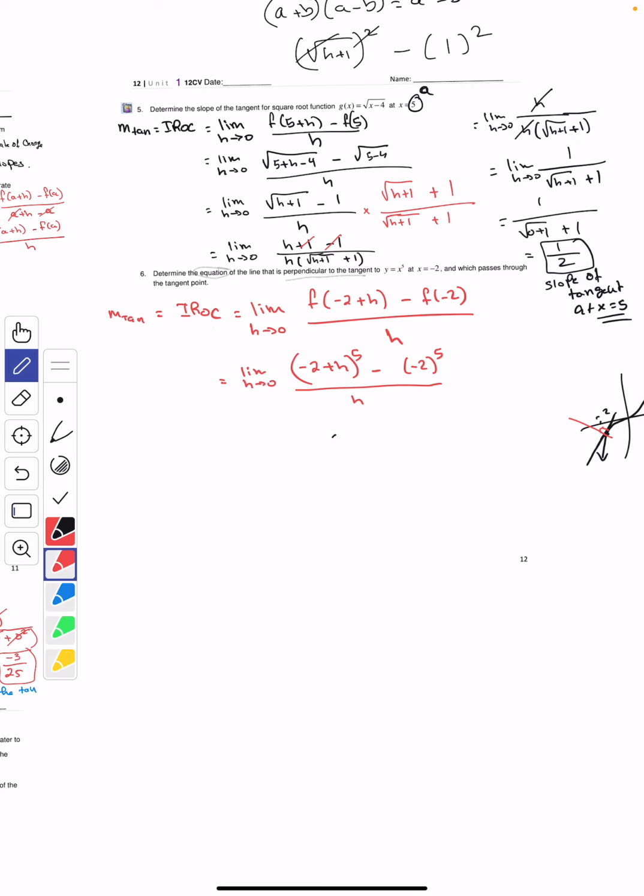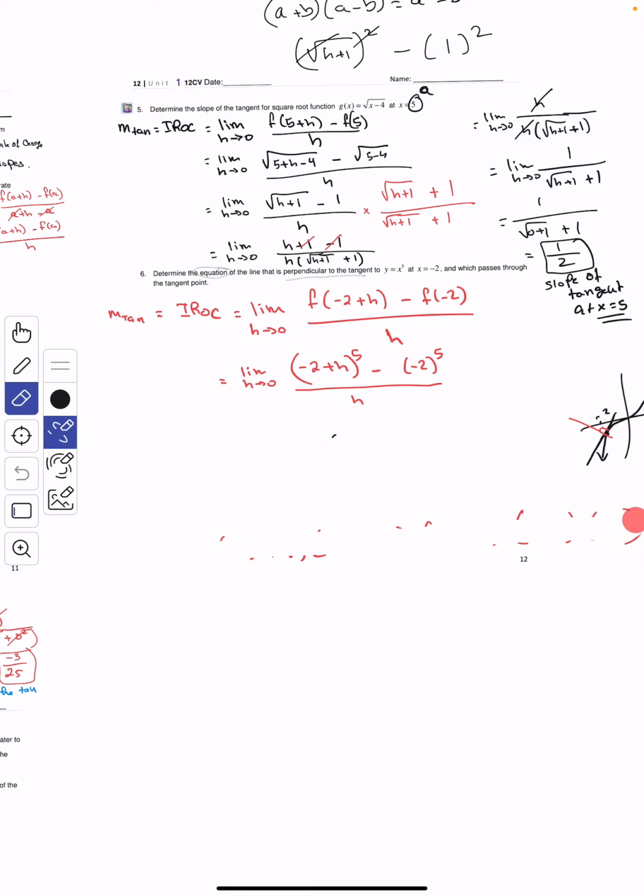Now, we have something like -2 plus h to the power of 5. If I'm going to sit down and actually multiply this 5 times, that's going to take me a long time.